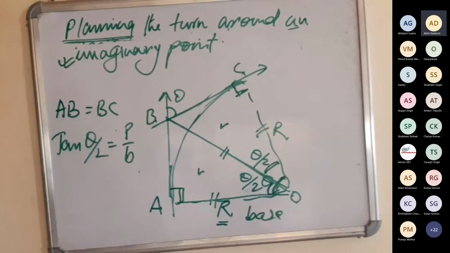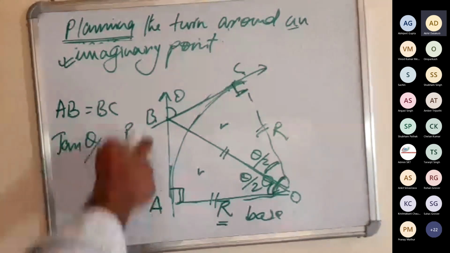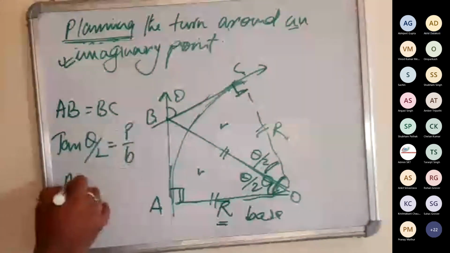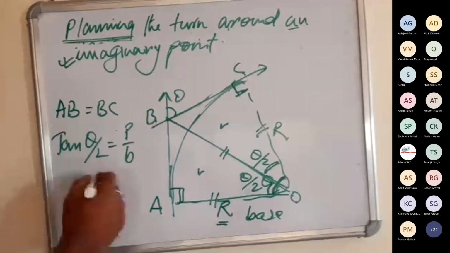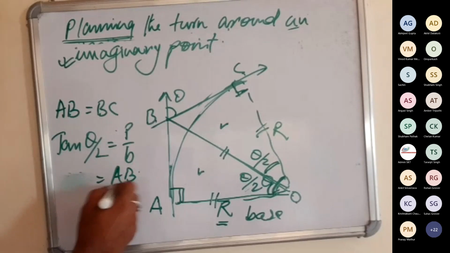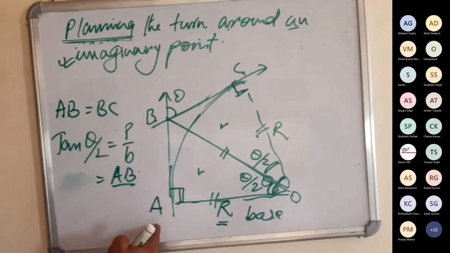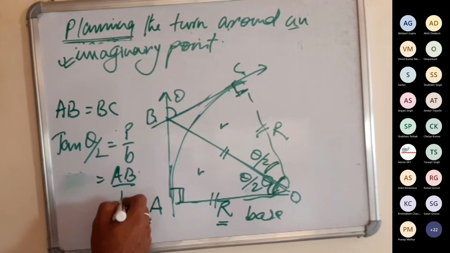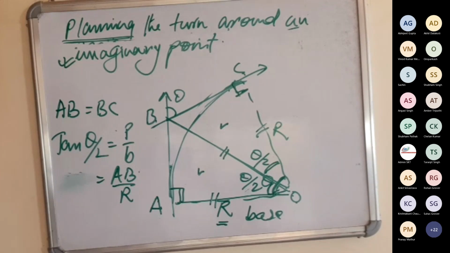Yes, sir. AB is the perpendicular, and the base is R. Okay?